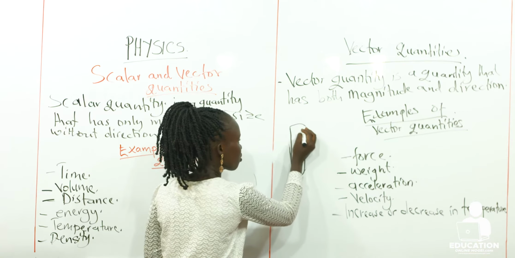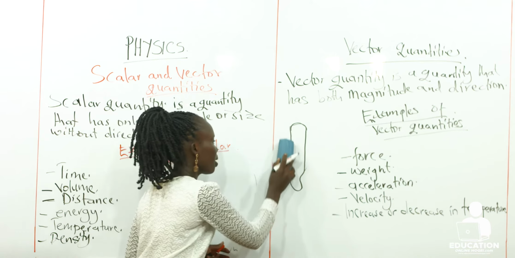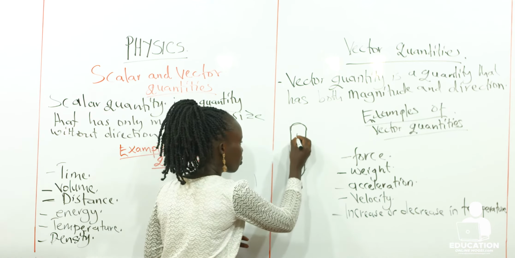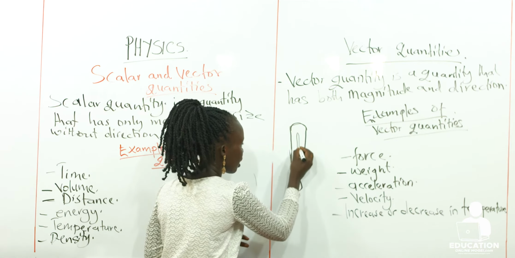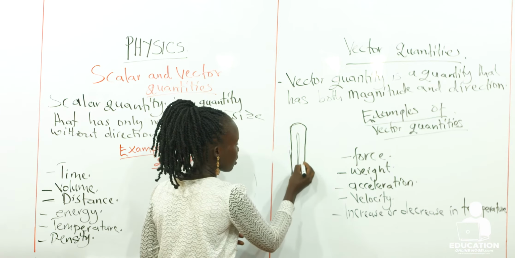We are going to use this thermometer to determine the temperature of my body, and the thermometer has the tube inside here containing the liquid, and then it has the graduated scales there.